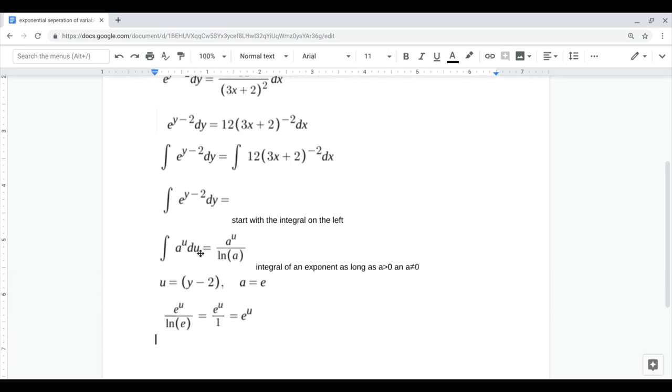In this situation, our u will be y - 2, and our a will be our base, e.